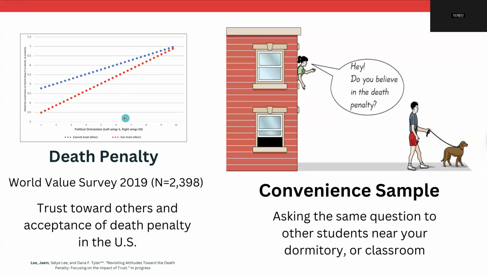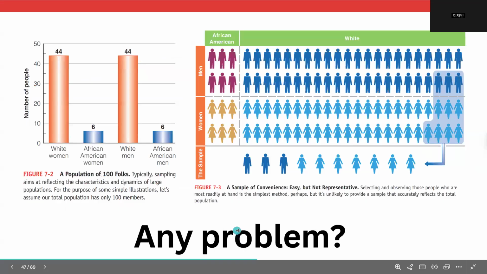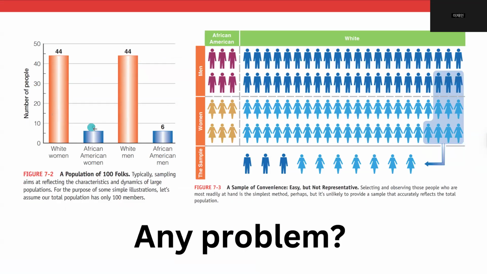So this is more about the general understanding of the acceptability of the death penalty in South Korea. But in case you are collecting the sample in your classroom or from friends living in your dormitory near you, that is convenience sampling, asking the same question to other students near your dormitory or classroom.